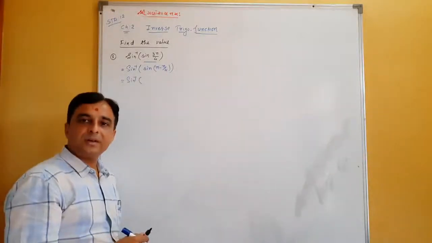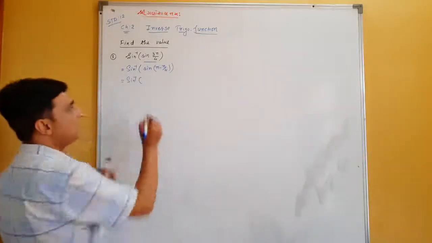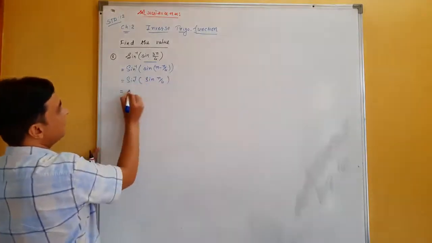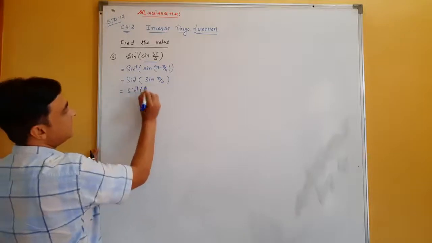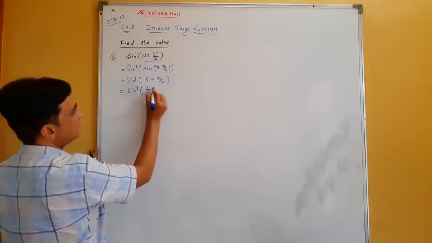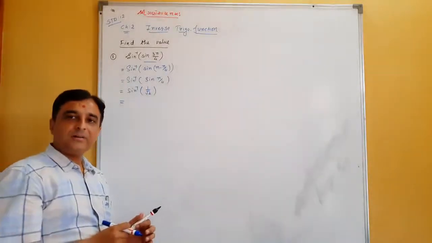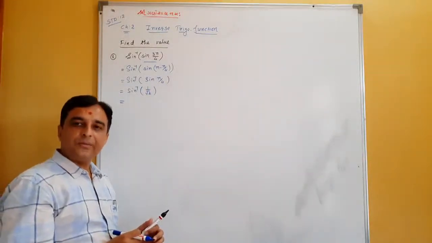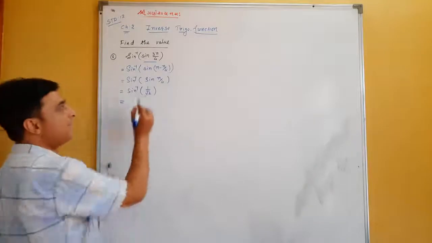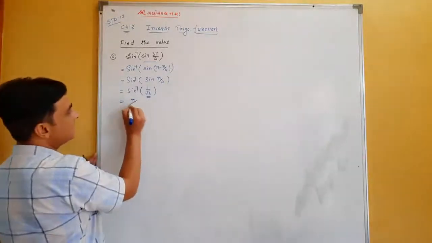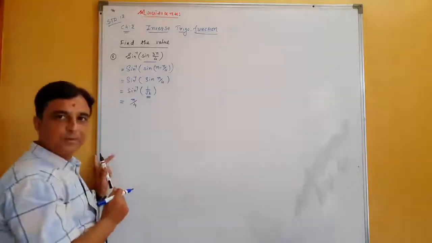In second quadrant sine is positive, so it will be sine pi by 4, and sine pi by 4 is 1 by root 2, and by the table, which value of theta will become 1 by root 2 for sine, so it will be pi by 4.